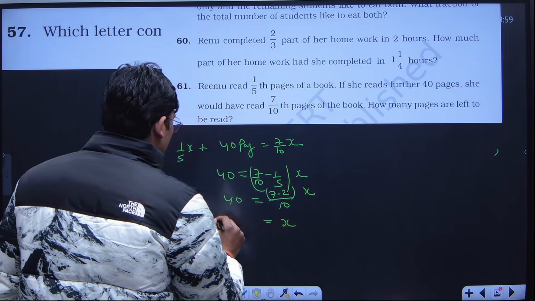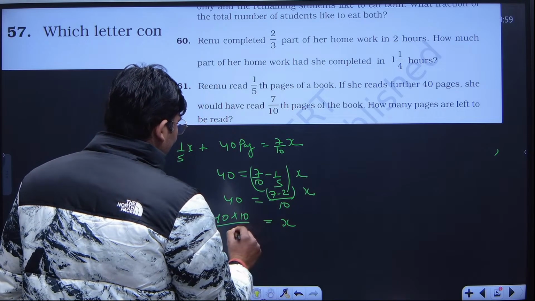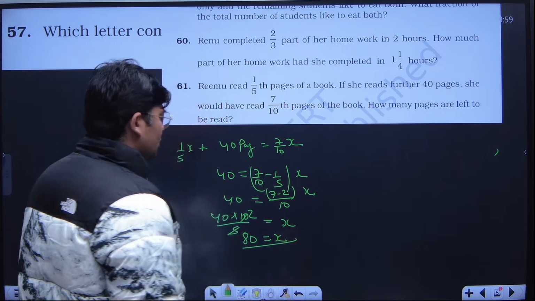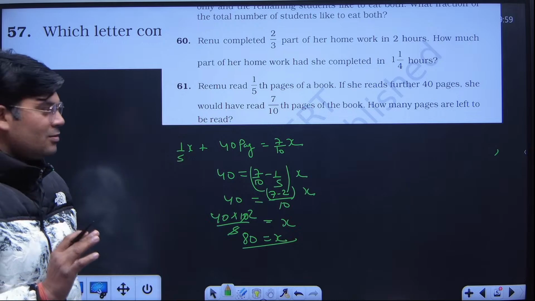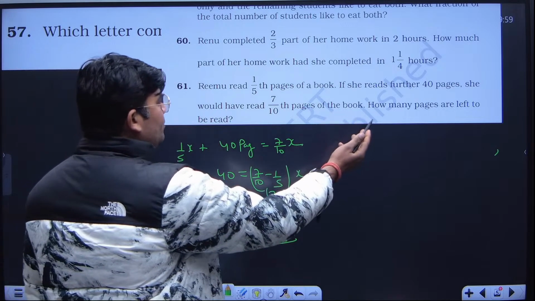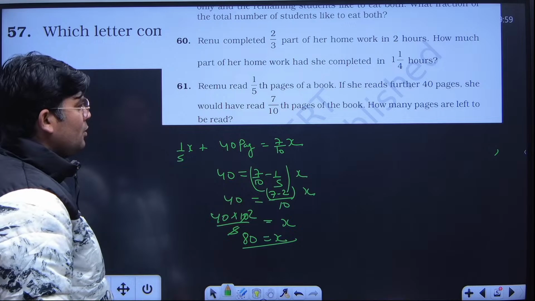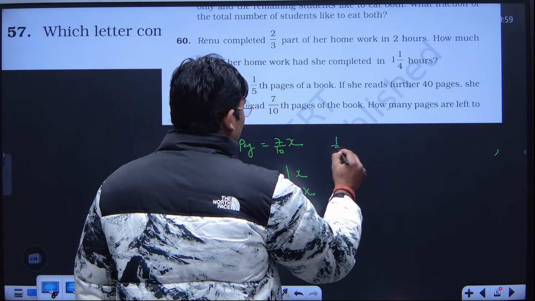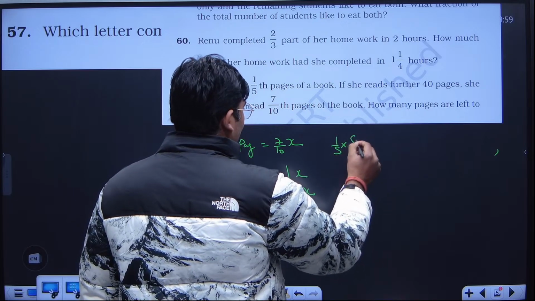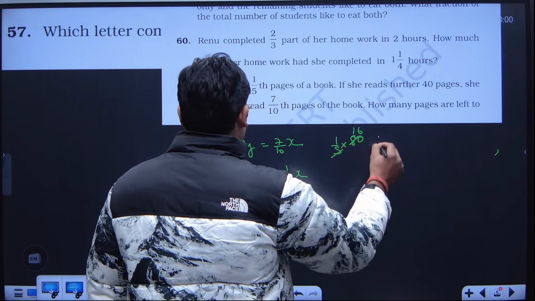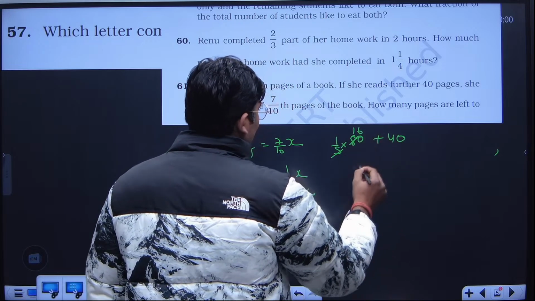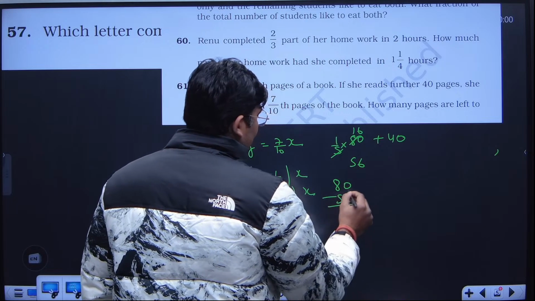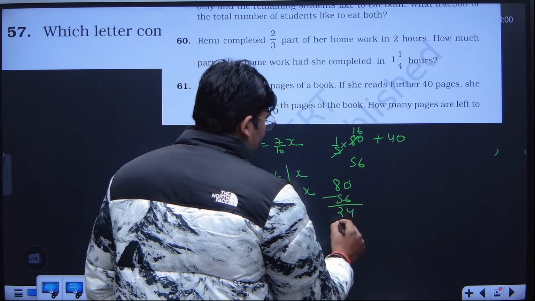So x is equal to 40 into 10 divided by 5. So x is equal to 80. But this is not the answer. The answer is how many pages are left to be read. So the pages that are left to be read is 1 by 5 of 80. This is 16. And then 40 pages she already read. That means 40 plus 16 is 56. So the pages to be read are 24.